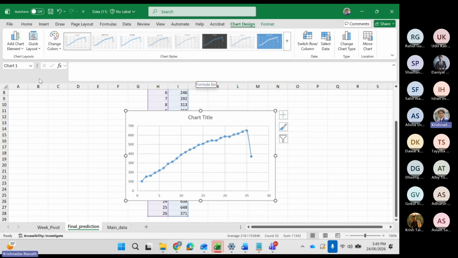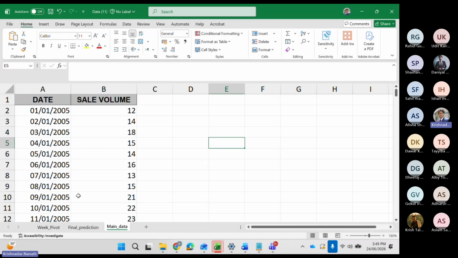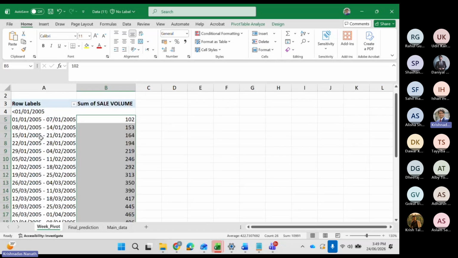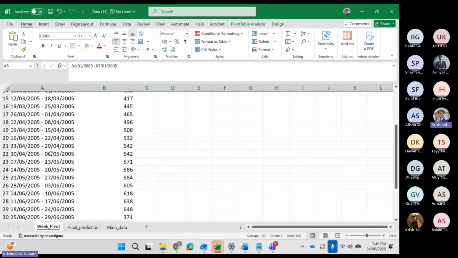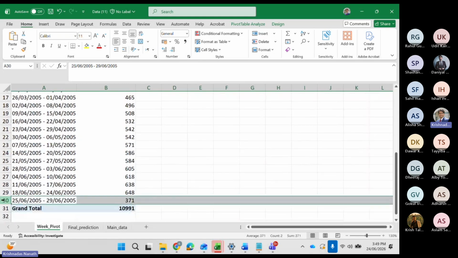I go back to my main data, then to the week data, and I can see week 1 is 1 to 7, week 2 is 8 to 14, which means every week is 7 days of data. But the last week is 25, 26, 27, 28, and 29. It's only 5 days of data.